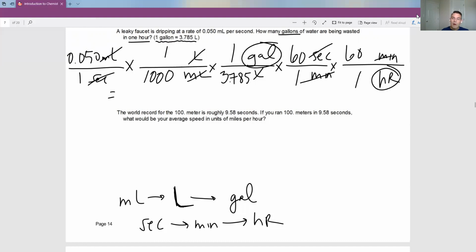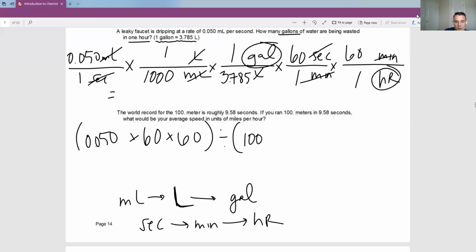Now what you do is you put this in your calculator. The easiest way to do this, if you're not familiar, is with parentheses. So what I would put in my calculator if I was you and I had a graphing calculator: parentheses 0.050 times 60 times 60, close that, division sign, parentheses 1,000 times 3.785, close that parentheses.